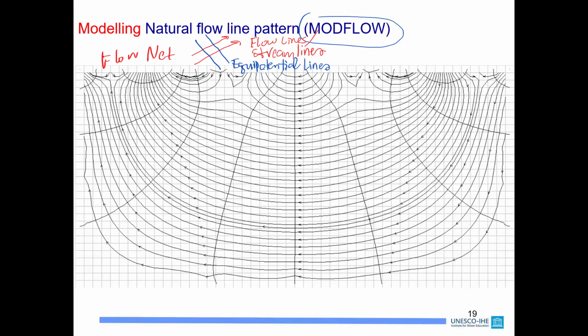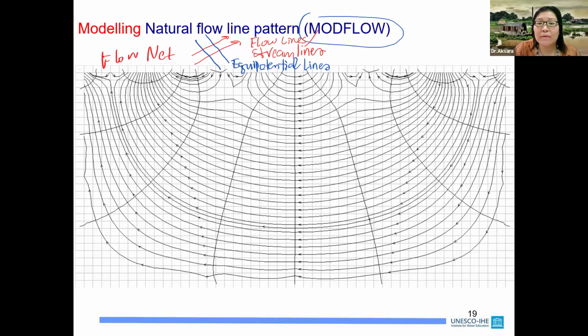Equipotential lines, I already explained this, but I'm just going to say it again.